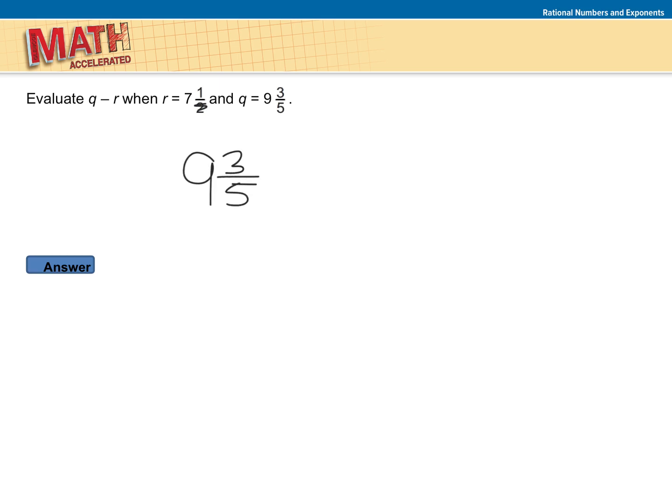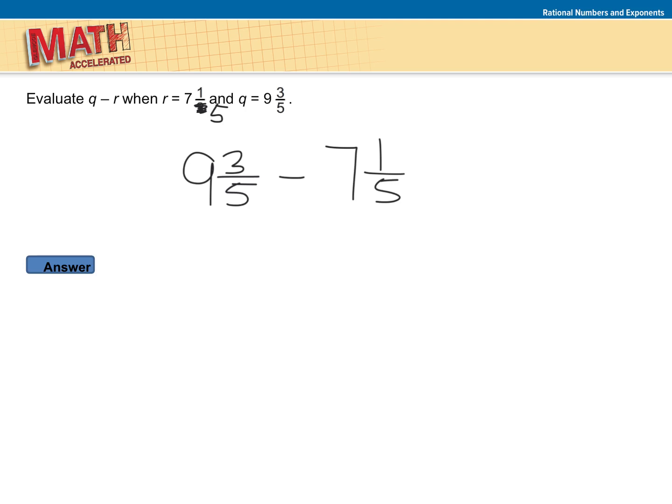Change that 1/2 to a 1/5 for me. I don't know why they put 1/2. And then it says minus, what's R? 7 1/5. Okay, what kind of numbers are these? They are rational numbers, but more specific, they are mixed numbers.